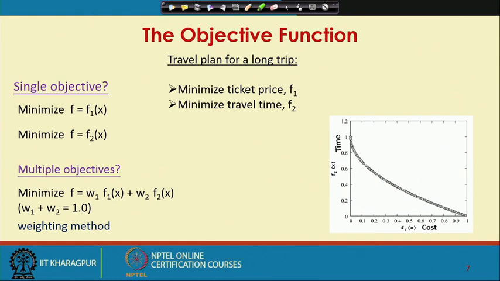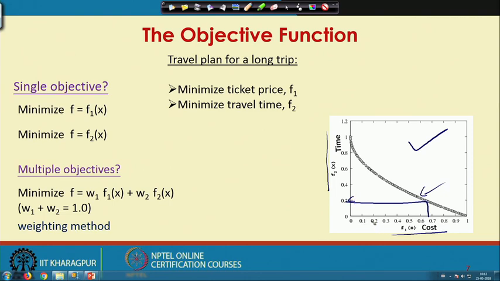So, if you plot cost, that means ticket price versus travel time, you see you get a plot like this, which says that if cost is higher, the travel time is less. If cost is less, the travel time is more. So, basically these two objectives conflict with each other.